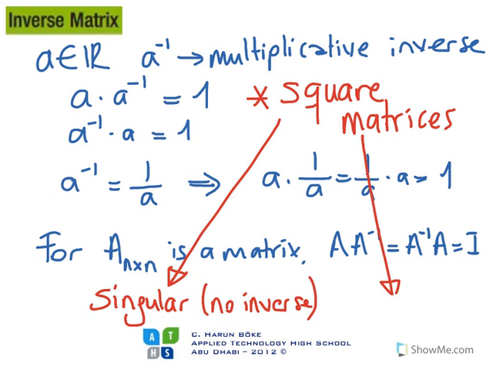Those that do we call non-singular or invertible. These kinds of matrices have an inverse. Okay, let's see how to determine if a square matrix has an inverse or not, or how to find the inverse of a matrix.